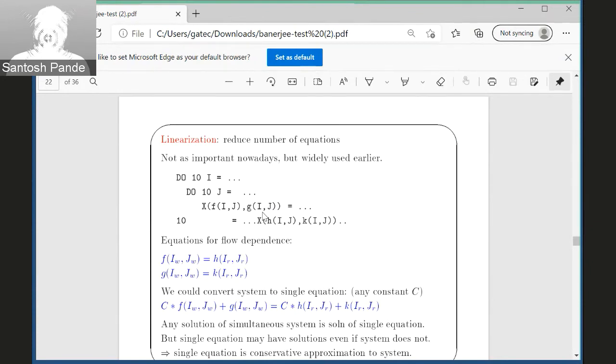That is in this particular example, we can't solve for whether f is equal to h with the corresponding index vectors and then independently solve g is equal to k, because we will get maybe dependence in each case, but if we do a simultaneous dependence testing, there may not be a simultaneous solution to this.